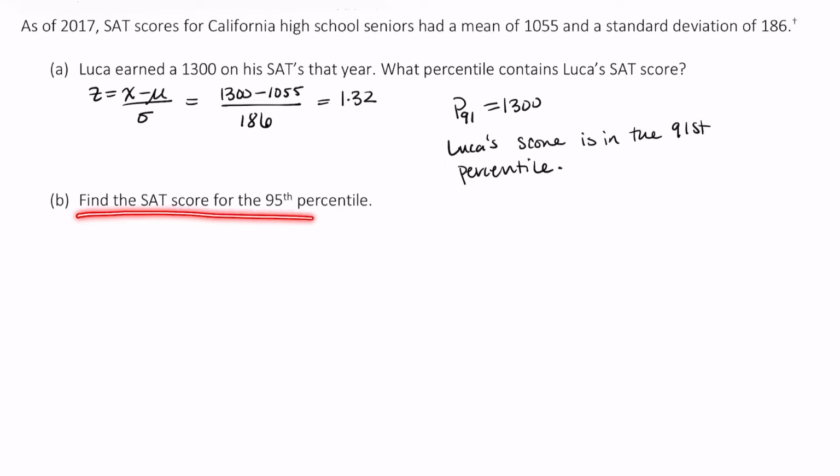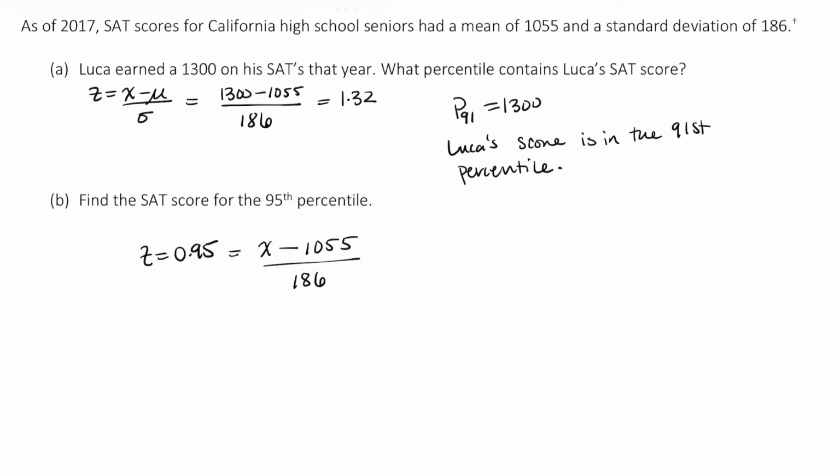All right, so let's find the SAT score for the 95th percentile. So what this tells us, we know that the Z-score is 0.95. That's the 95th percentile. And that's going to be equal to the data value minus the mean divided by the standard deviation.